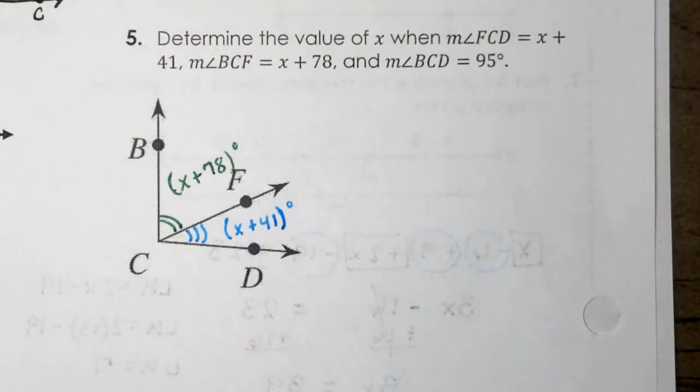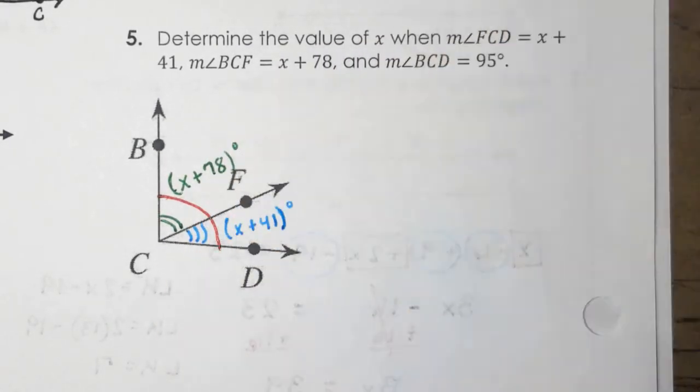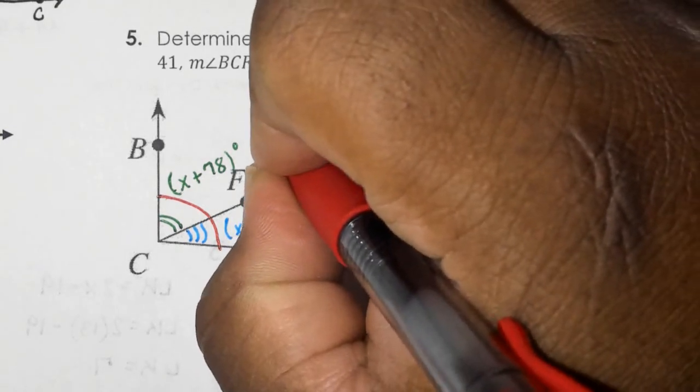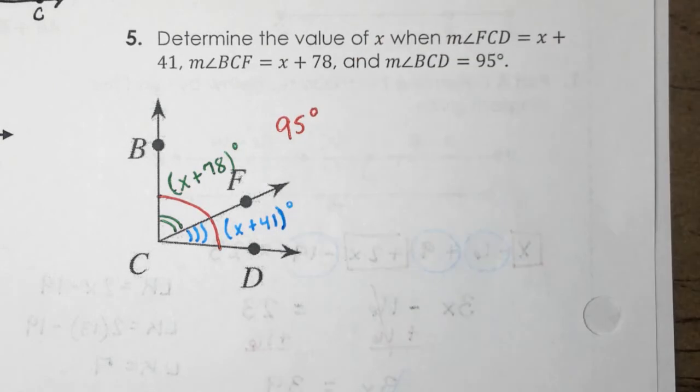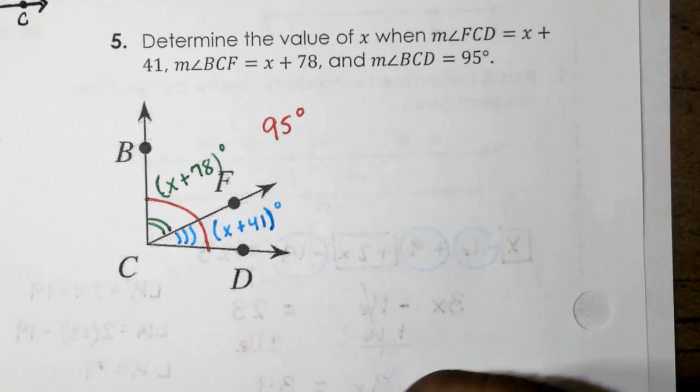And then they told me the whole thing, BCD, was 95 degrees. If they give me the whole thing, like I said, I leave it outside. So with that, you just gotta write your equation and solve. All you gotta do is figure out how to write equations. Like I said, that's the geometry part. After that, the solving should just be all algebra. But the setup is easy.